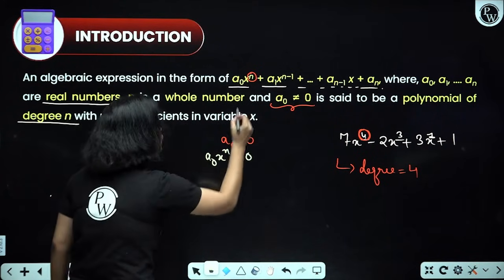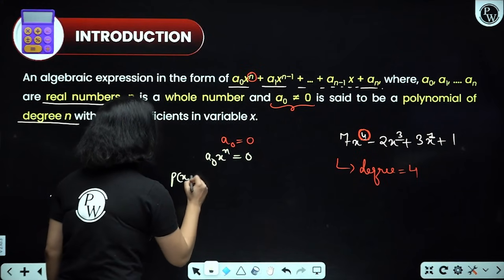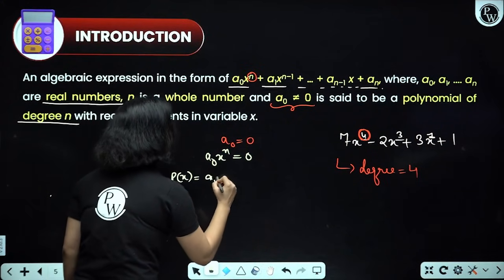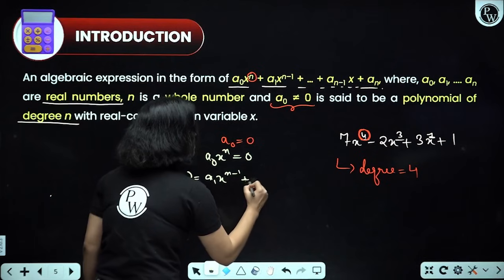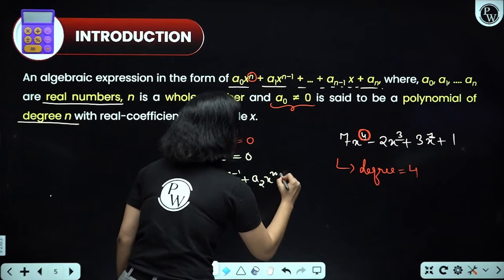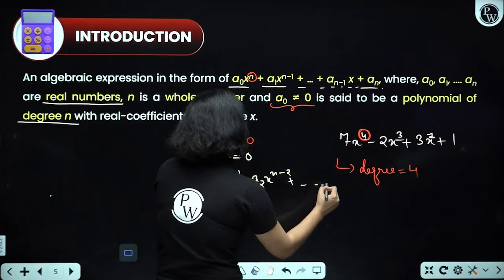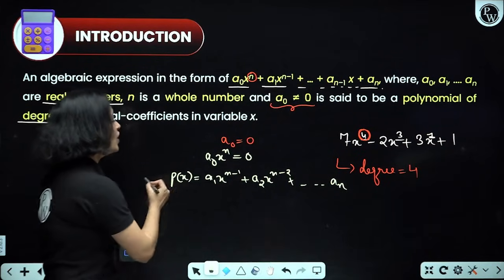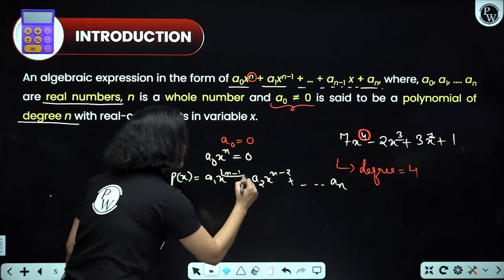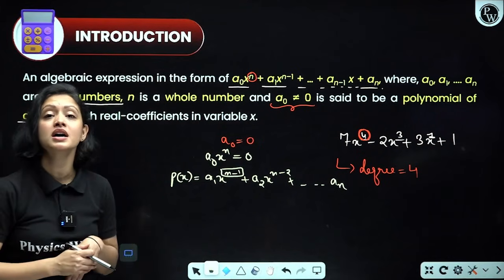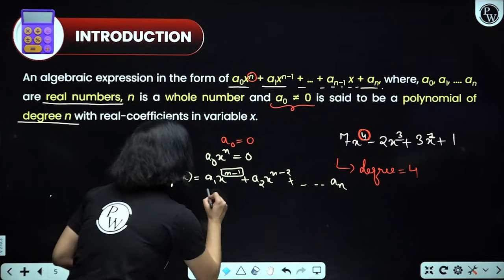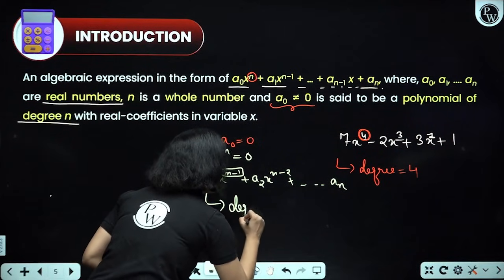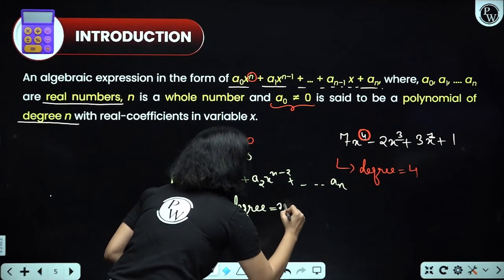So then the polynomial will become a1 x^(n-1) + a2 x^(n-2) + ... finally till an. Right, everyone? Now here in this polynomial, the highest power of the variable has become n minus 1. So this here is a polynomial of degree n minus 1.